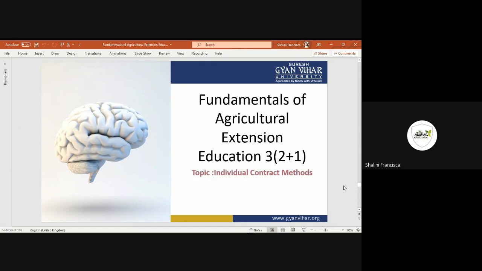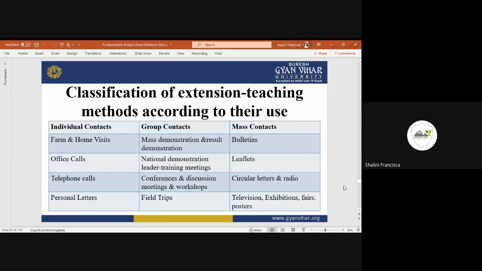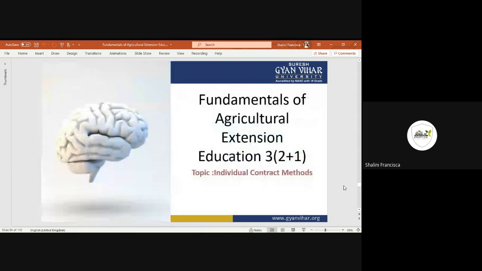So now we will start with each factor and learn how, according to use, how many ways, and according to form. According to use, the first one was the individual contact method.